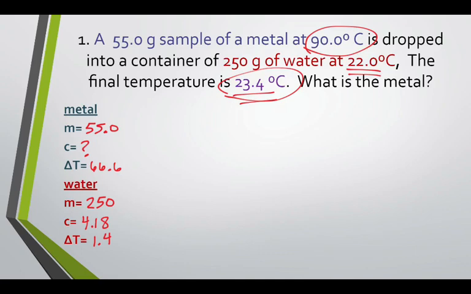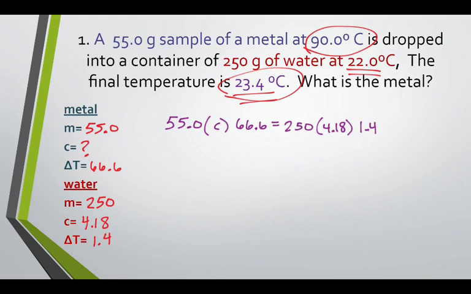So at this point, let's start plugging in these numbers. We're going to take our M of metal times the C we're looking for. We still need to leave that in there so we can solve for it, times the temperature change of our metal. Sorry, I think I said water earlier. Now we're on the water side, plugging in M times C times ΔT. Even though it's a lot of numbers, we just plug it all in together.